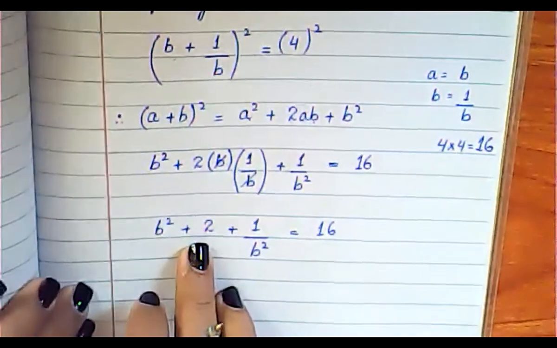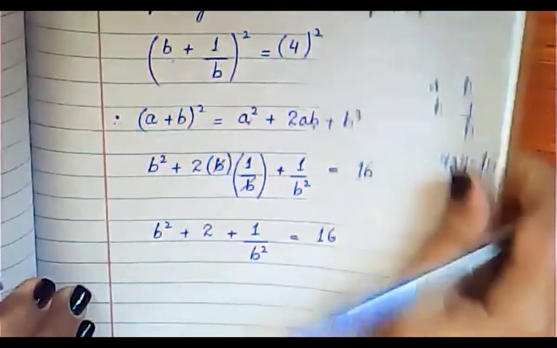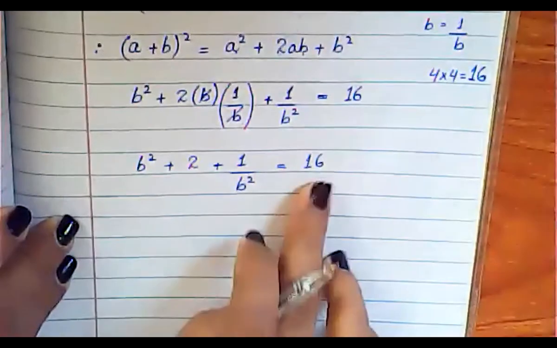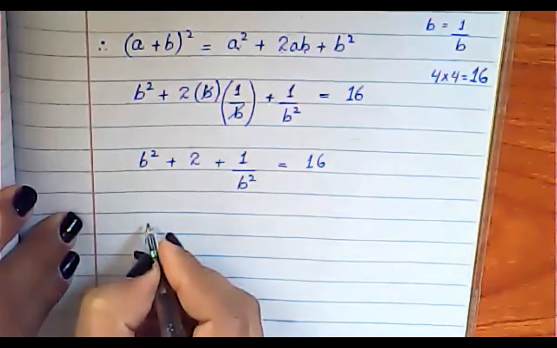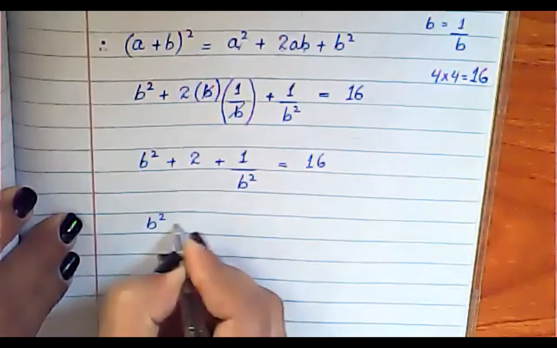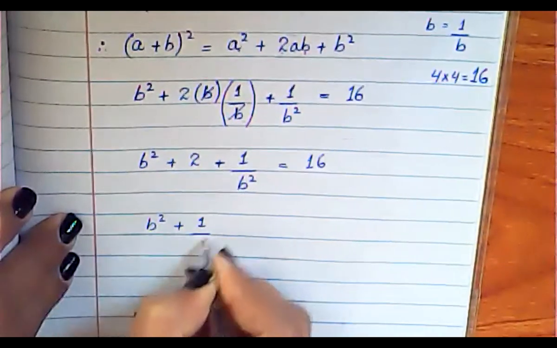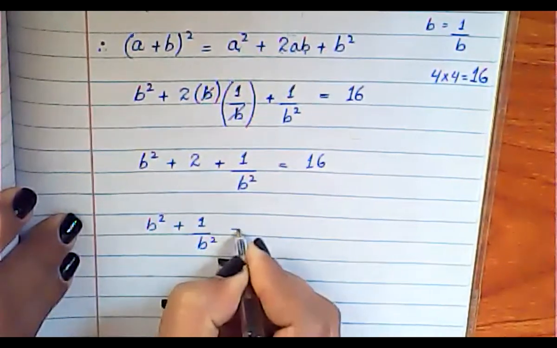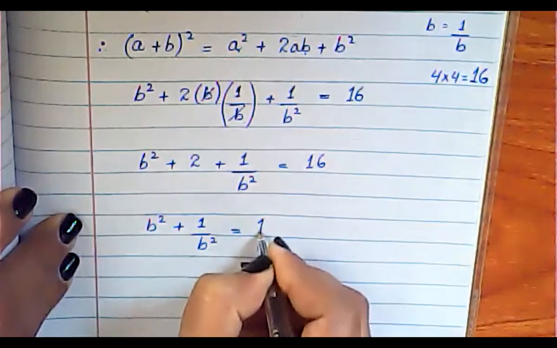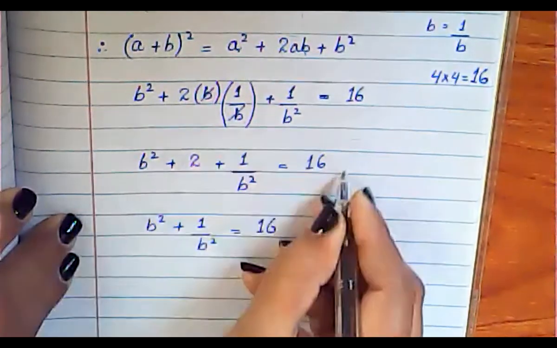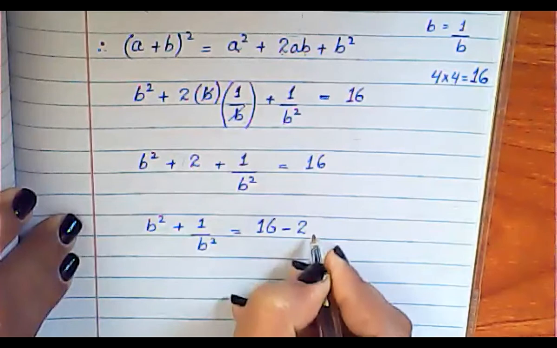Now you have to shift this 2 on this side. So simply you will write here b square plus 1 upon b square is equals to 16, so it will be minus 2 on the right side.